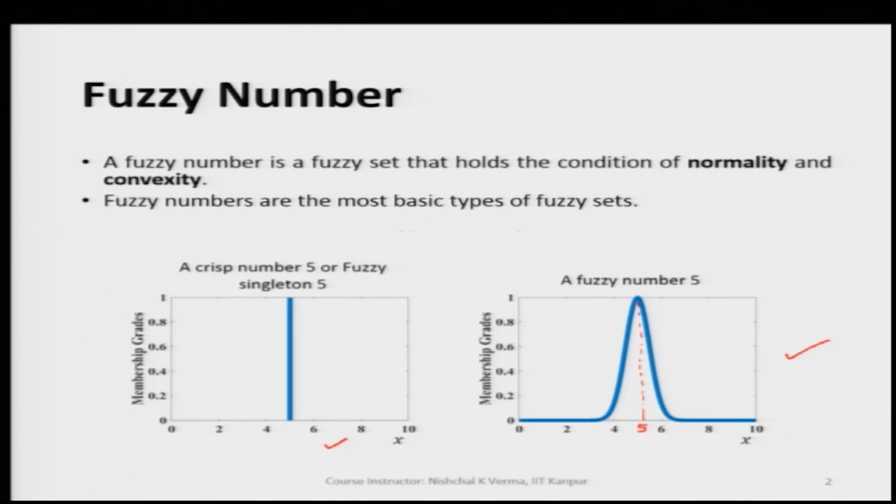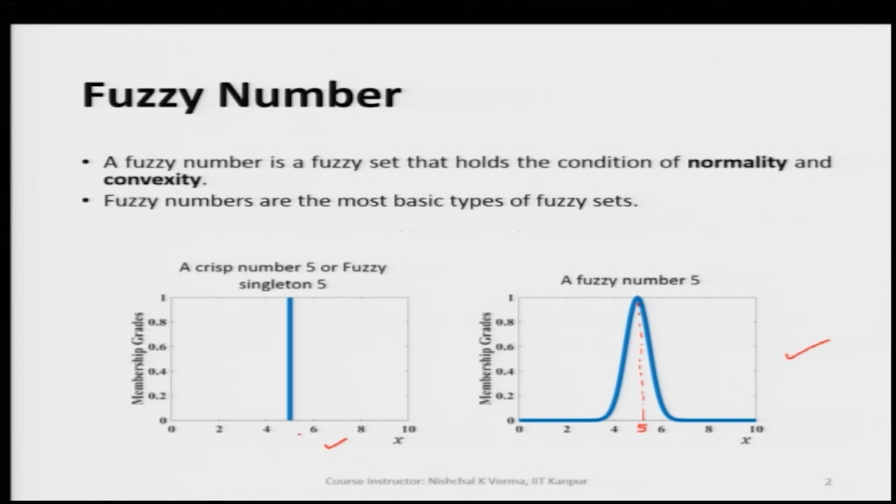This number is a crisp number, and at 5 its belongingness or membership value is 1. No other membership values are possible around 5, and that is why it is crisp. In fuzzy systems we represent these crisp numbers by a fuzzy singleton.